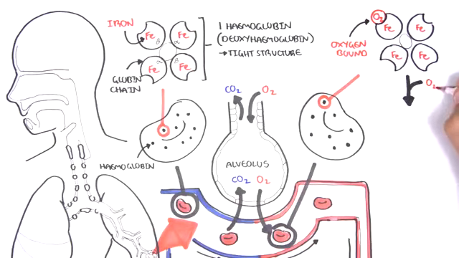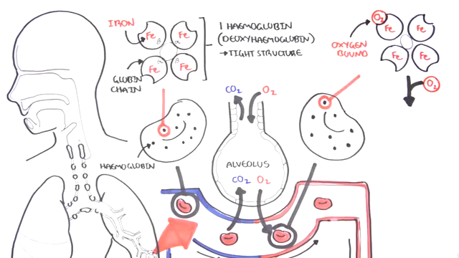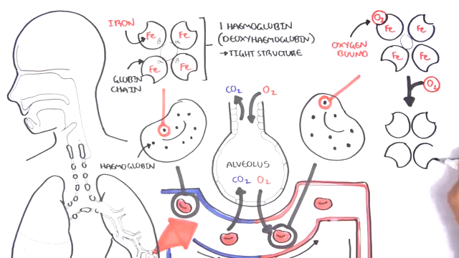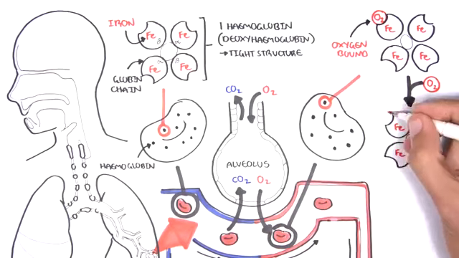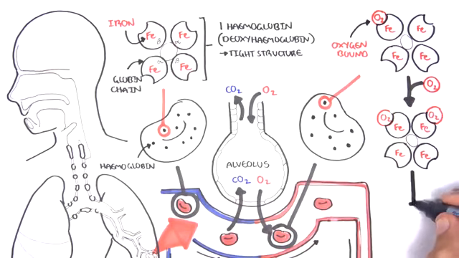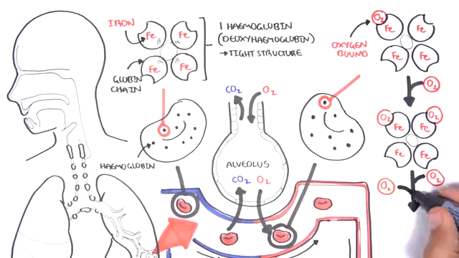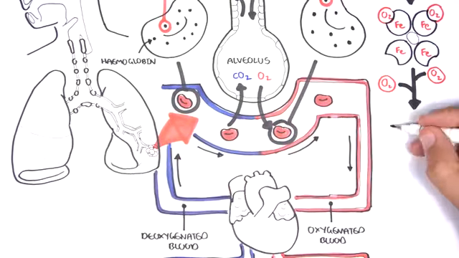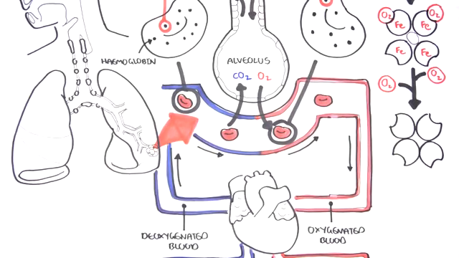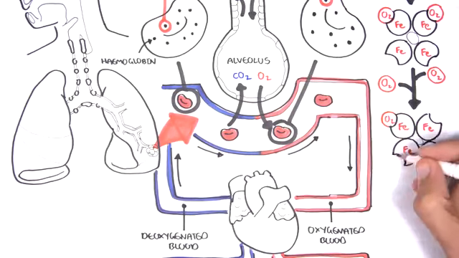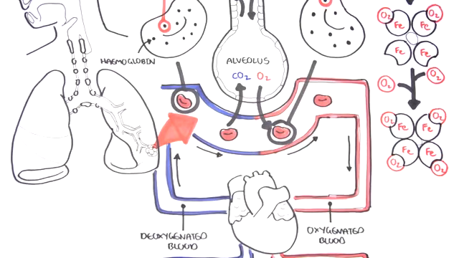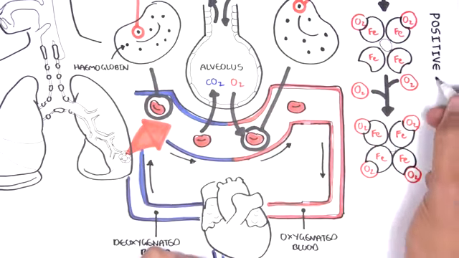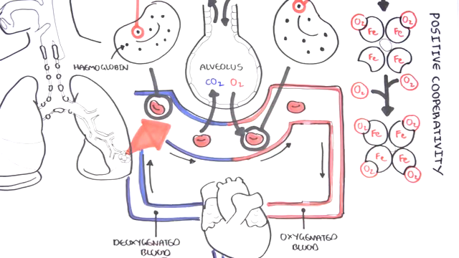So to put it simply, you can imagine it like a cascade. Firstly, the hemoglobin is in a tense configuration with no oxygen. And then when oxygen starts to bind, it will become more relaxed, a relaxed configuration, which actually increases the affinity for oxygen even more. Kind of weird. This whole thing is called positive cooperativity.